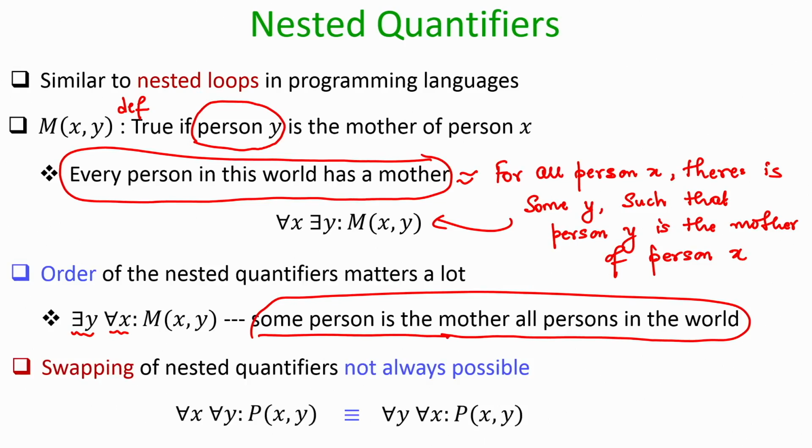It is possible only when you have quantifications of the same type occurring throughout the expression. That means, if you have an expression of the form for all x, for all y, or a sequence of quantifications of the same type, then it does not matter whether y appears first or x appears first, right. You can conveniently swap the order of the quantification, and both LHS and RHS will be equivalent.